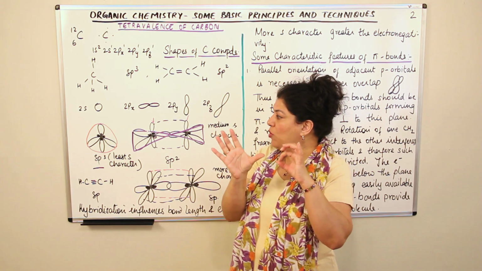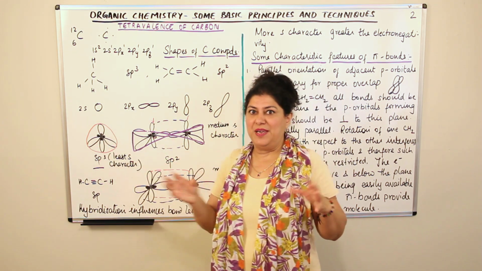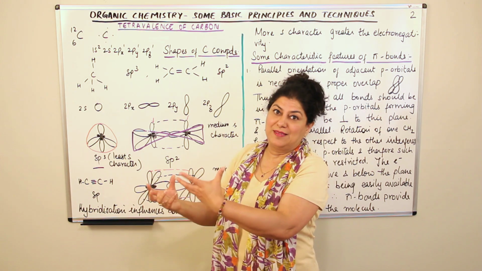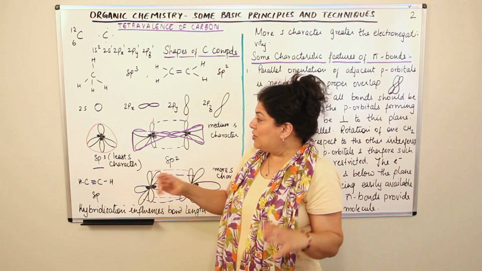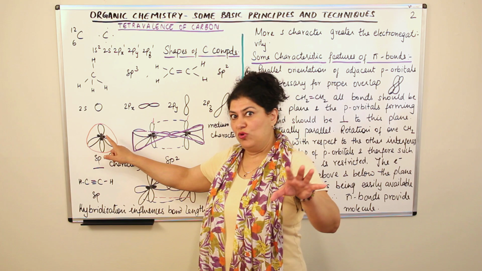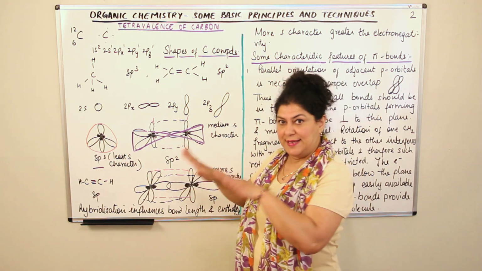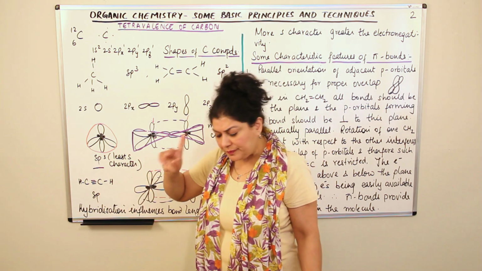If you have more p, out of 4 orbitals, 3 were p, they are all contributing to the length, and the s is a small one, so its contribution is less. So the length of the sp3 hybrid orbital will be the most, the length of sp2 will be less than that, and the shortest bond would be sp.